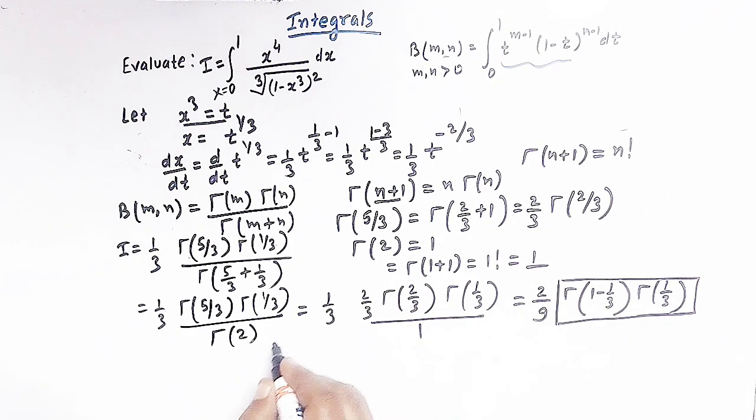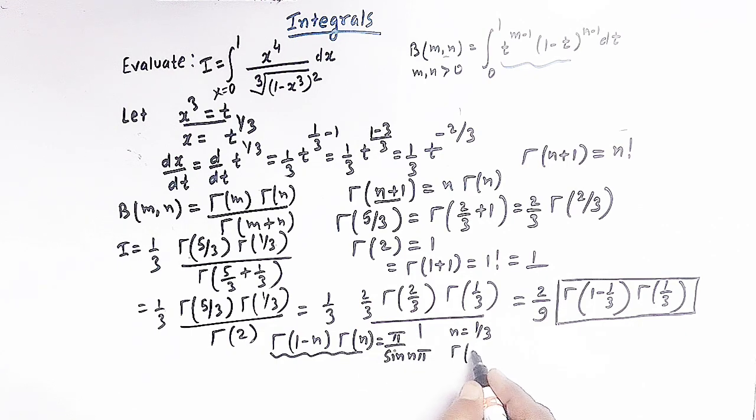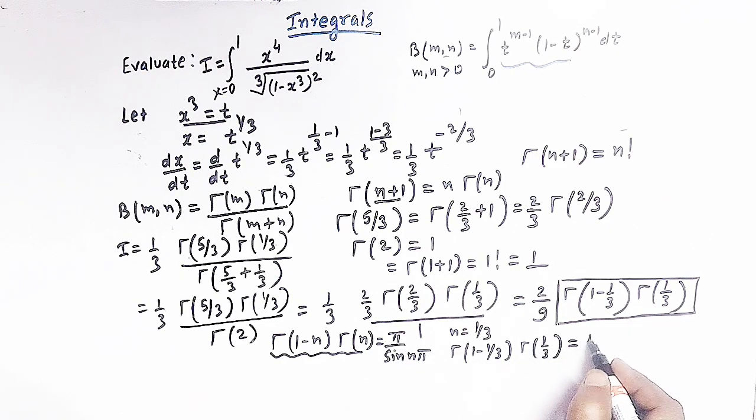So now let us look at this expression. We know that from Euler's reflection formula, that is gamma 1 minus n times gamma n is equal to pi over sine n pi, right? So if we take n is equal to 1 over 3, then the left hand side appears as gamma 1 minus 1 over 3 times gamma 1 over 3, and here we have pi over sine n pi.